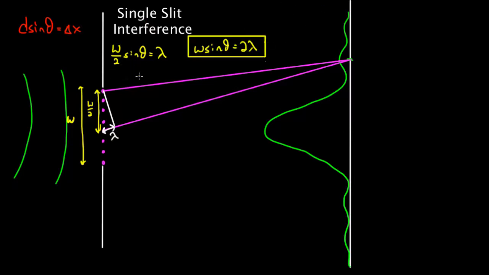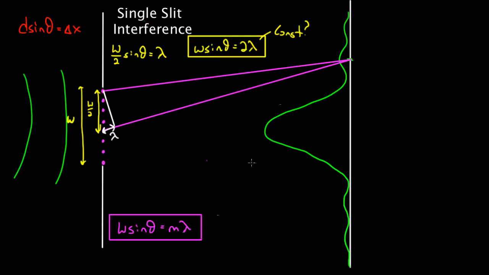Now, I'm already confused. What? W sine theta equals 2 lambda constructive? We already proved this is a destructive point. Remember, our relationship for the destructive points that we derived was W sine theta equals m lambda, as long as m is not 0, but 1, 2, 3, 4, 5.